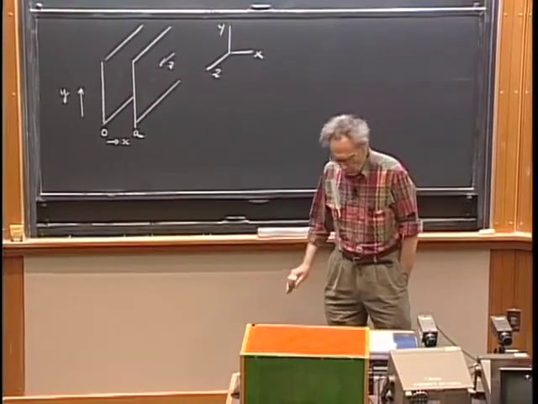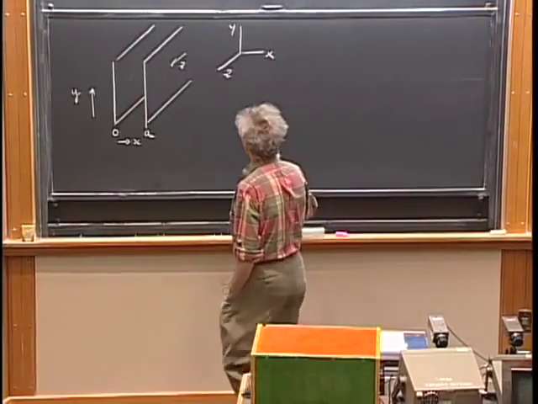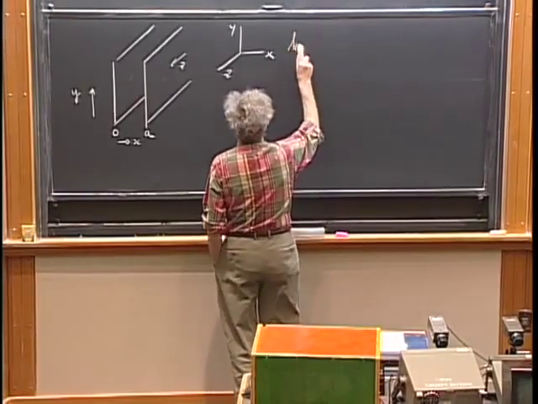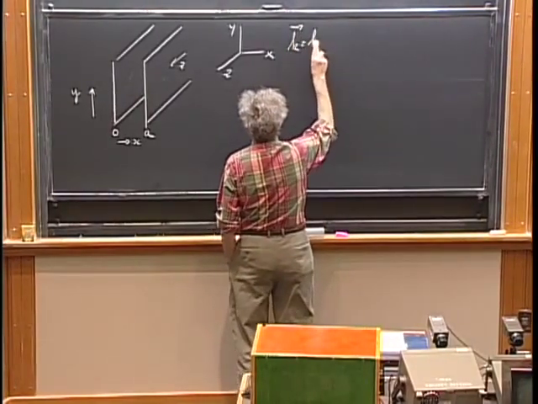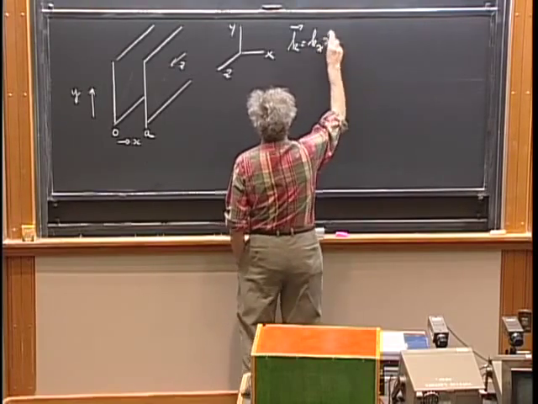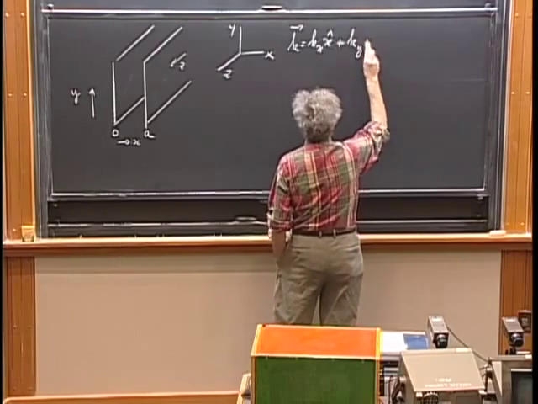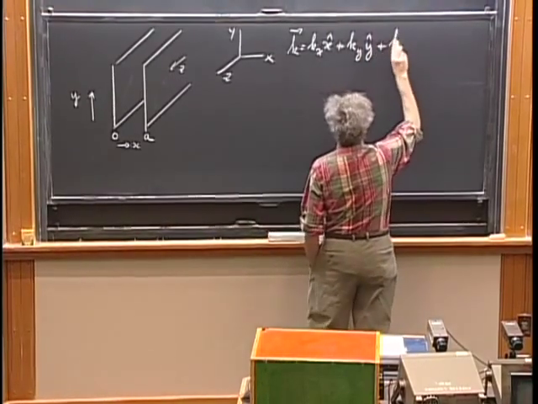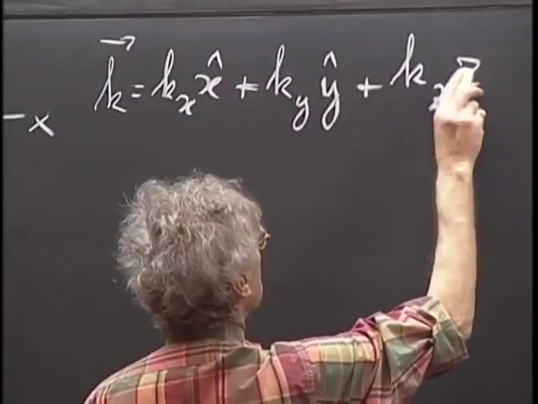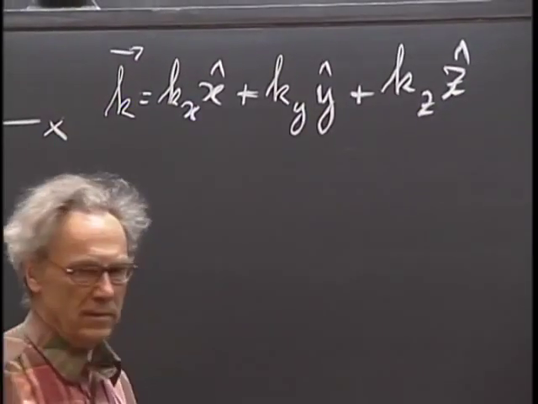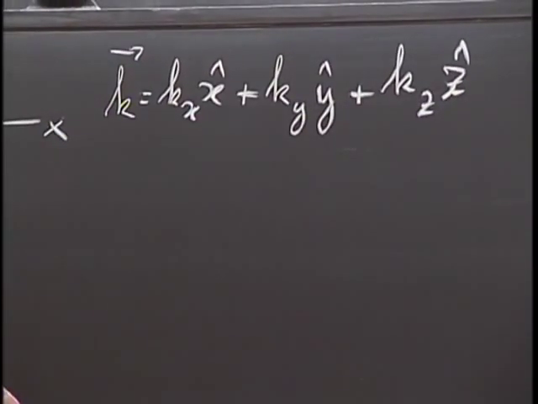And what now comes holds always, that k is always kx x roof plus ky y roof plus kz times z roof. And k is the direction then of propagation.